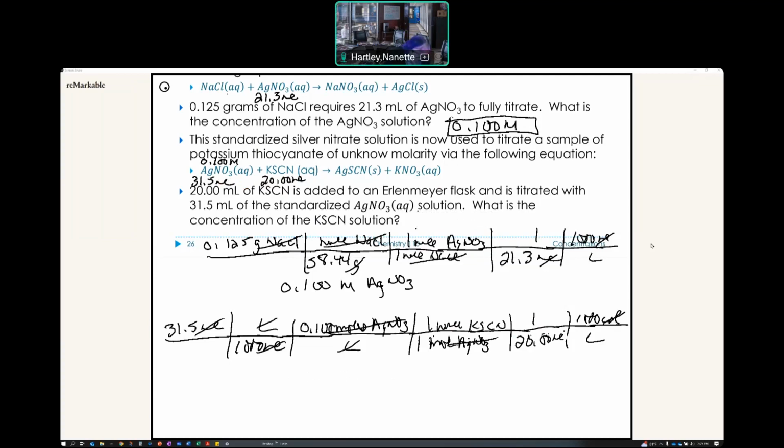So I divide by the 20 milliliters that the KSCN solution is, then convert to liters. So I take my 31.5 milliliters, divide it by 1,000, and multiply that times the molarity of that solution, which was 0.100. I then divide that by the 20 milliliters for this sample.